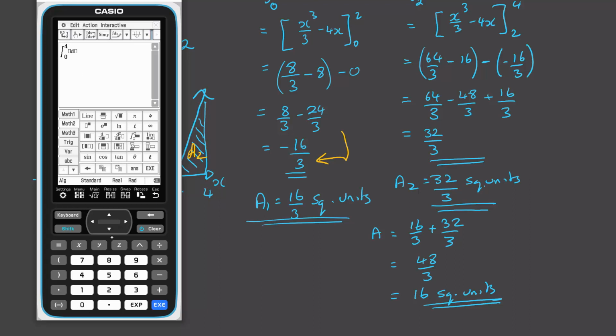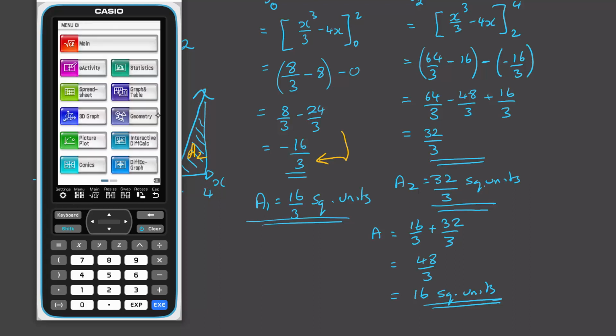But instead of putting x squared minus 4 in there, what I'm going to do is put in the modulus of x squared take away 4. And you'll see that that does give me 16.